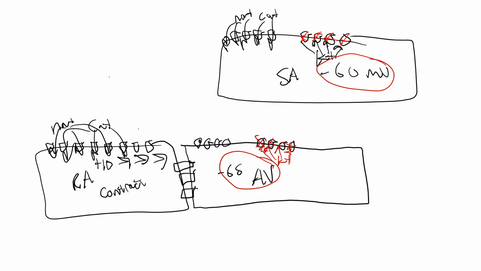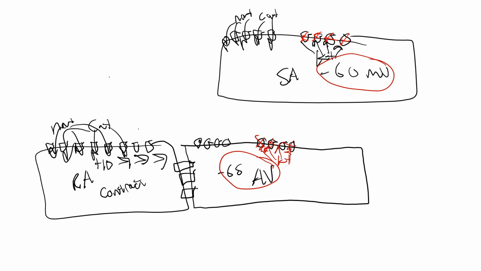You can play this game all day long if you want to. I'll stop now because you just spin yourself in circles trying to think about this, and there's all sorts of conflicting evidence as to what's causing this. But at the end of the day, the SA node fibers get to threshold sooner than the AV node fibers do. And that means that the SA node fibers also generate more action potentials per minute than the AV node fibers do.